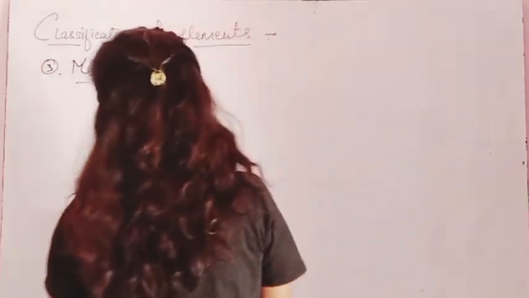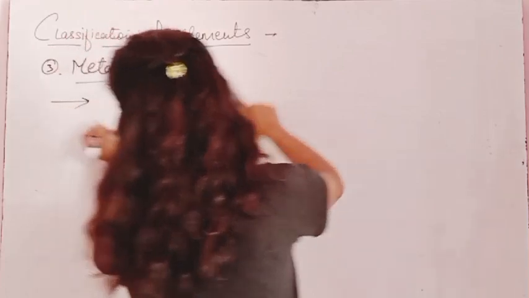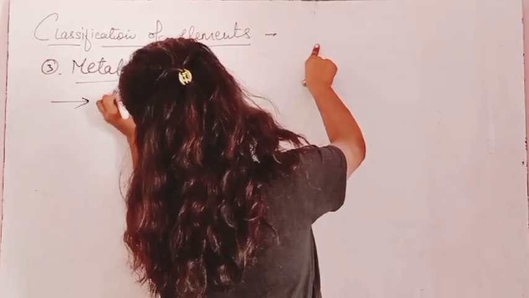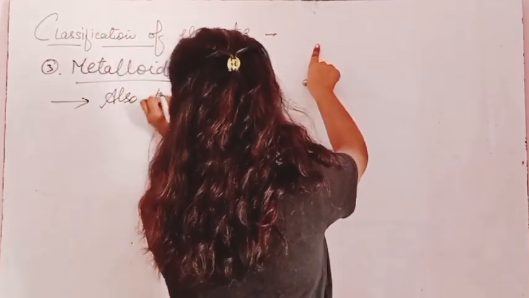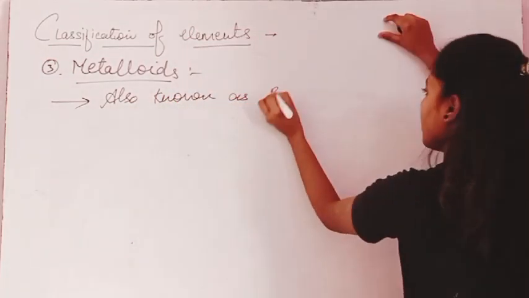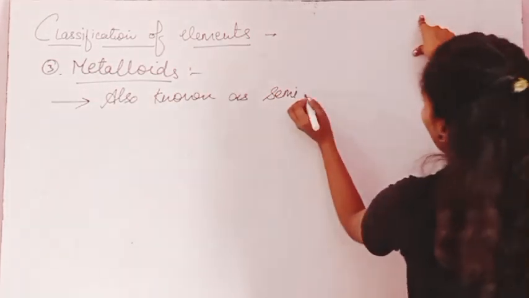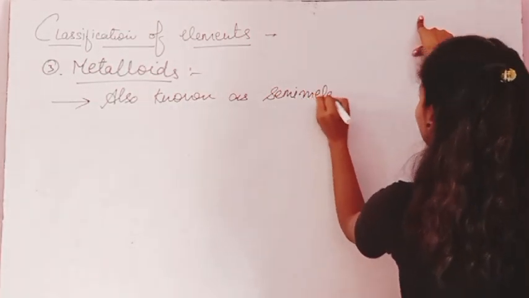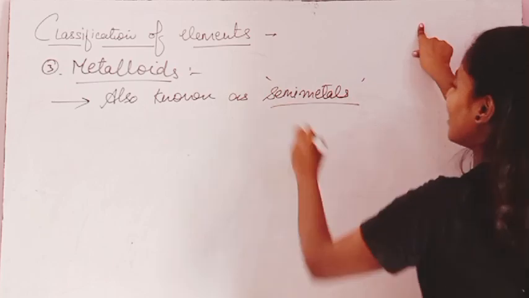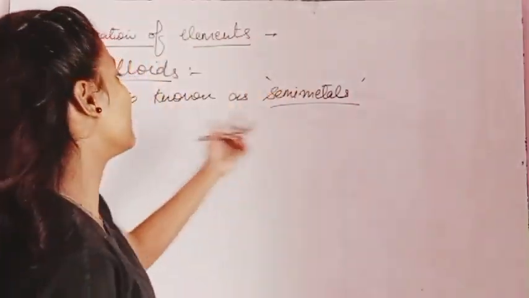What is your metalloid property? Property number one is, basically metalloids are also known as your semiconductors. Not at all. Also known as your semi-metals. It's not your physics, it's your chemistry. So remember it. Also known as your semi-metal.